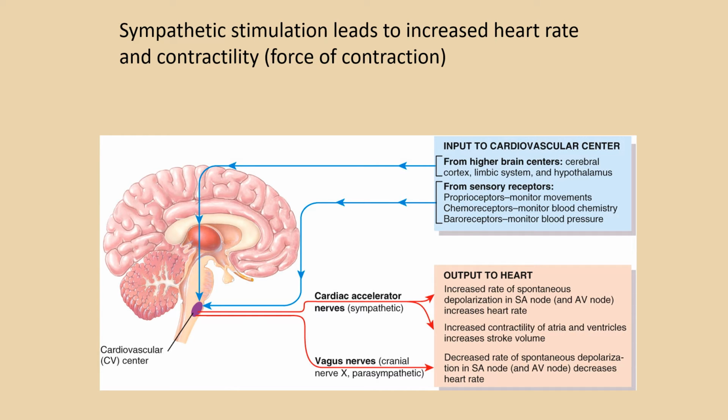So an increase in sympathetic activity to the heart causes heart rate to increase and also causes the heart to beat harder. With every systole, every contraction, more tension is generated. So norepinephrine is the neurotransmitter secreted by cardiac accelerator nerves onto the heart. And norepinephrine is going to bring about changes in both heart rate as well as contractility.